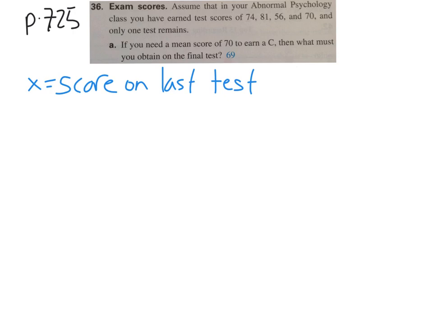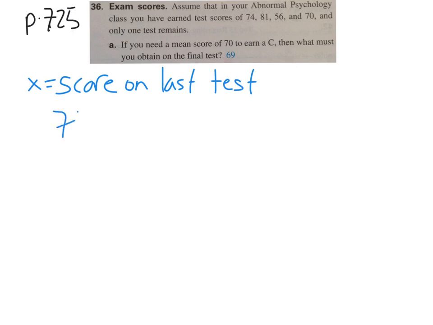So what we want is for our 5 tests to average to 70, right? That's what they mean by a mean score of 70. And so we need to figure out what our last test is going to be. So I started by saying, let X be the score on the last test. How would we find this average? We'd add up all 5 scores, divide by 5, and we would want it to be equal to 70. Let's just do that with algebra.